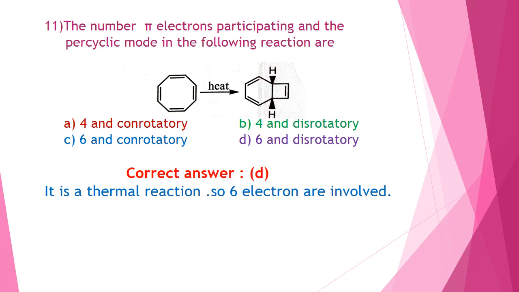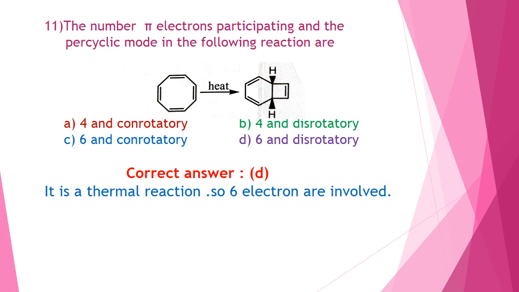Now consider question number 11. The number of pi electrons participating and the pericyclic mode in the following reaction are. Option A, 4 and conrotatory, B, 4 and disrotatory, C, 6 and conrotatory, D, 6 and disrotatory. First look, it is a thermal reaction.